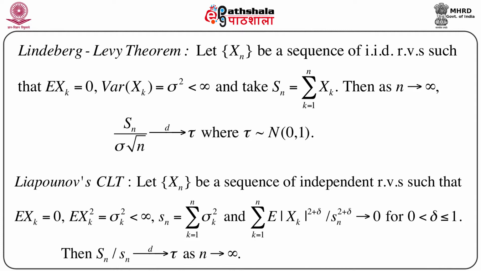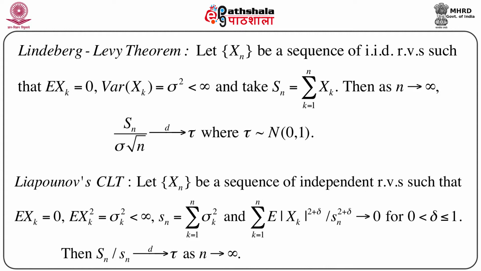Now define Sn equals the summation of Xk, that is, the sum of n random variables. Then as n goes to infinity, Sn by sigma root n goes to tau, that means tau follows normal(0,1) in distribution. So this states the convergence in distribution of the sum of random variables normalized by its standard deviation, as expectation is 0.